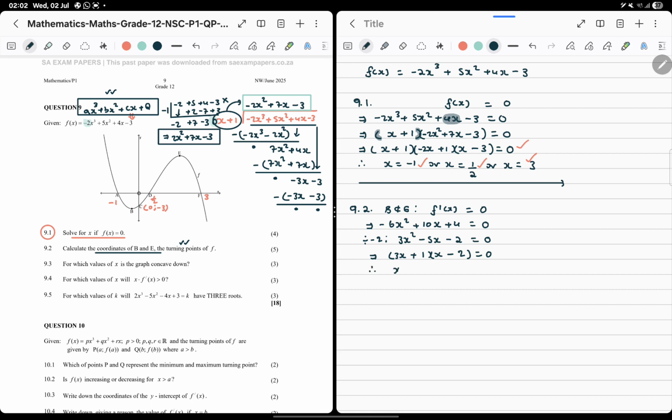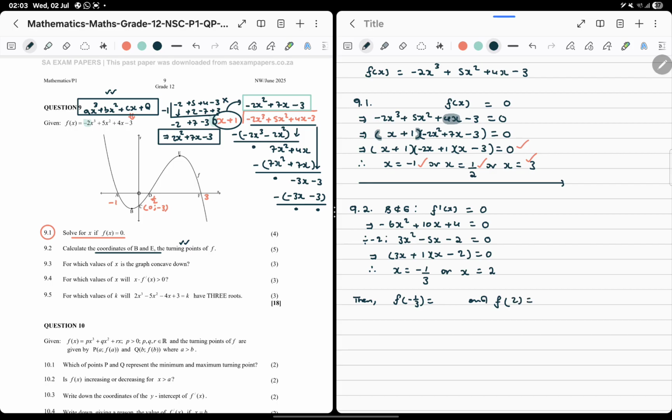So we know therefore that x is going to be minus 1/3, or x is 2. Now we need to say, then we know that f of minus 1/3 is what? And f of 2 is what?